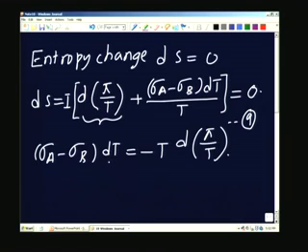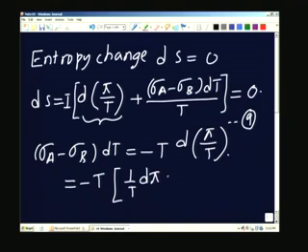So, I am going to just substitute it there, and after some simplification which can be easily done by the student, we can see the following. Minus T d of (pi by T), I can say minus T into 1 over T d pi plus pi d of 1 over T, which will be minus dT by T squared.